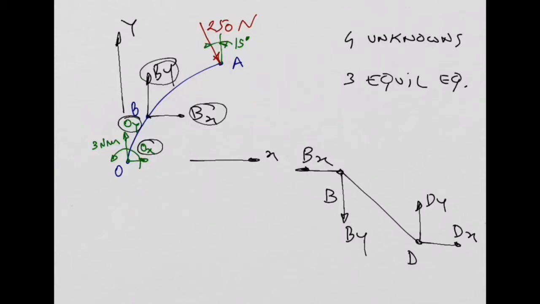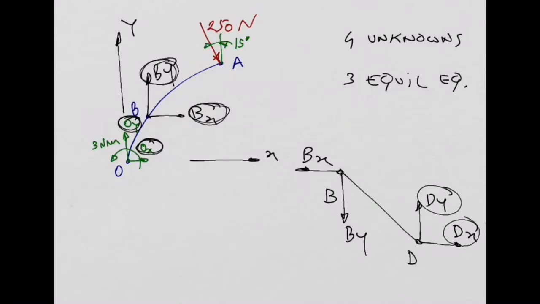These reactions at point D. So let's see how many reactions you have in total. You have 4 here. So you have OX, OY, BX, BY. So this BX and BY, they are on the strut BD, they are the same. So this and this, they are the same reactions as before. So they are not new reactions. But you have these new reactions.